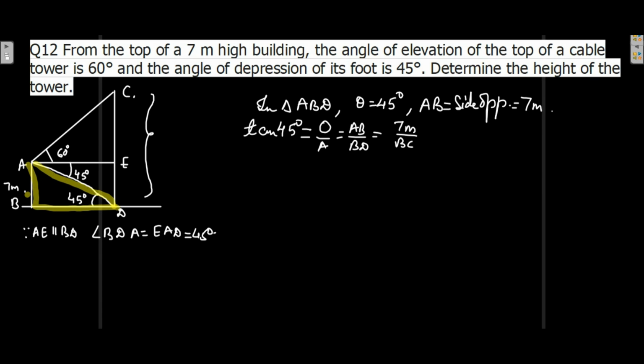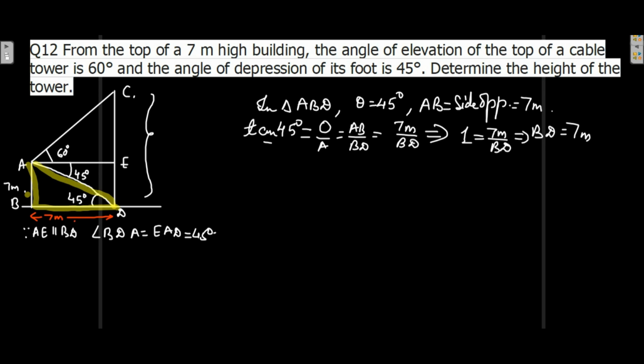BD we don't know, so let it be BD. Now we know tan 45 degrees is equal to 1. So 1 is equal to 7 upon BD. So BD will be equal to 7 meters. So we have found BD as 7 meters.